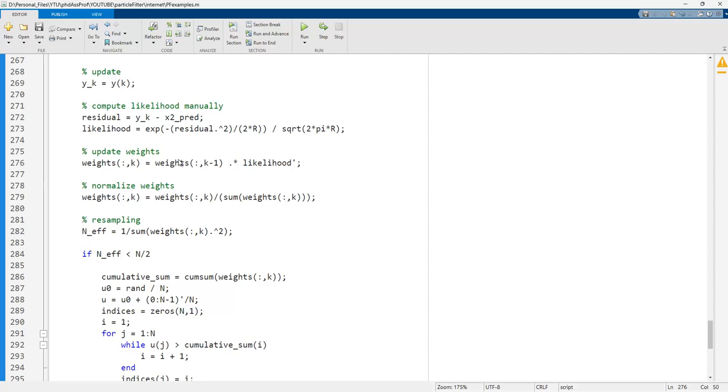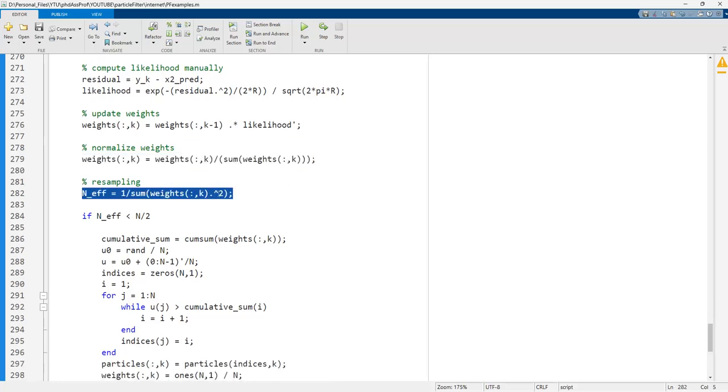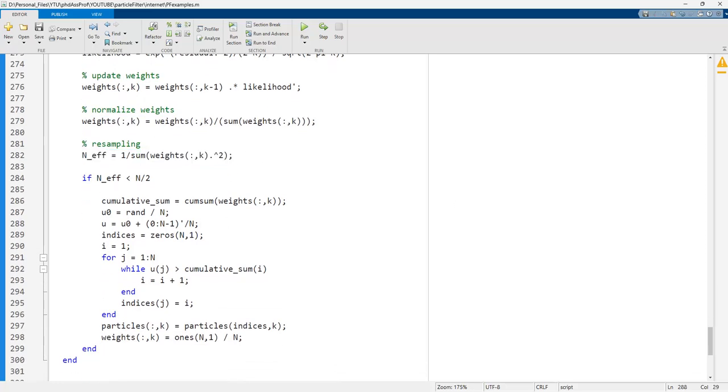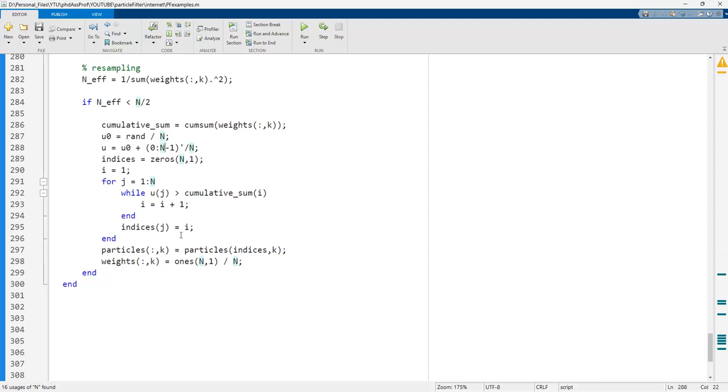transpose. Okay. After that we normalize the whole weights in here, and the effective sampling must be done, and cumulative sum weights calculated, recalculated, and cumulative sum in here j.